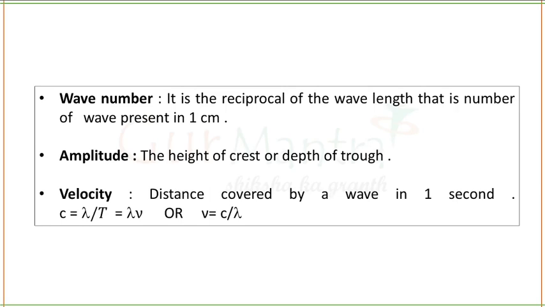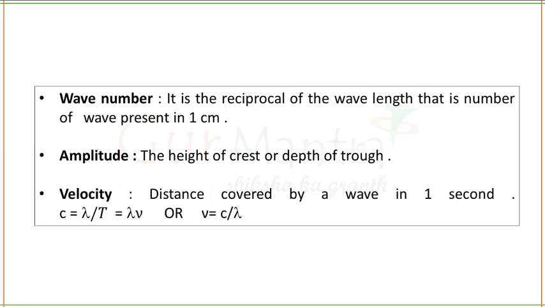Next term is velocity. Velocity is simply defined as the distance covered in 1 second. This is denoted by the letter small c. And as you know, speed is equal to distance upon time.